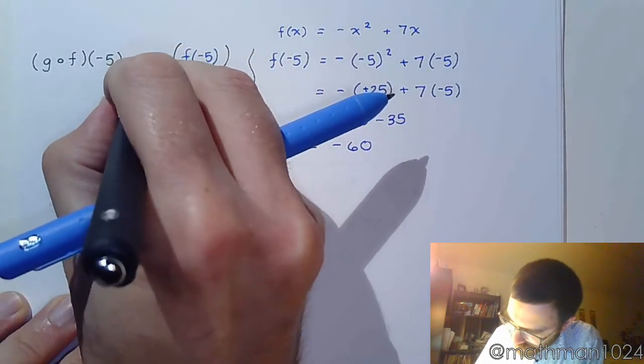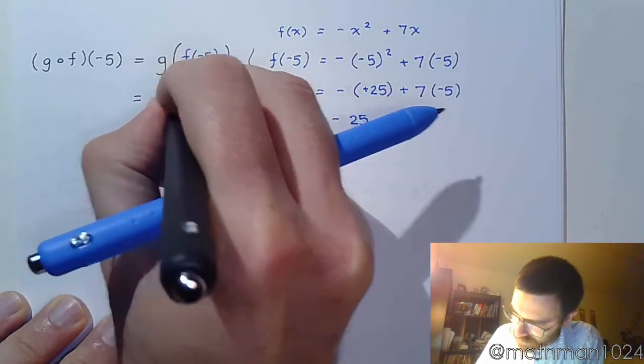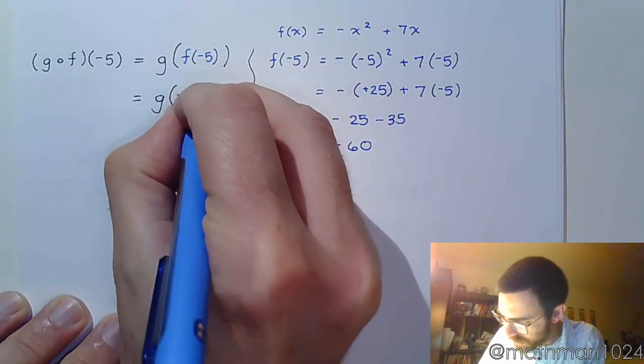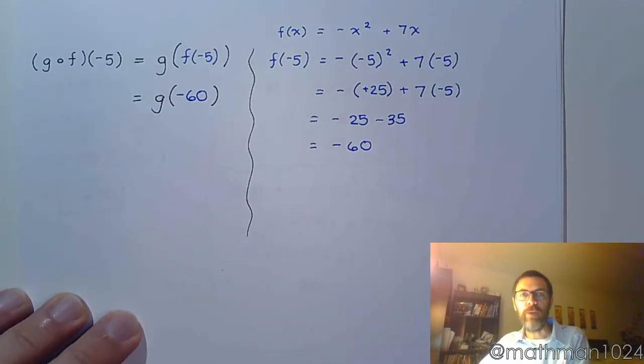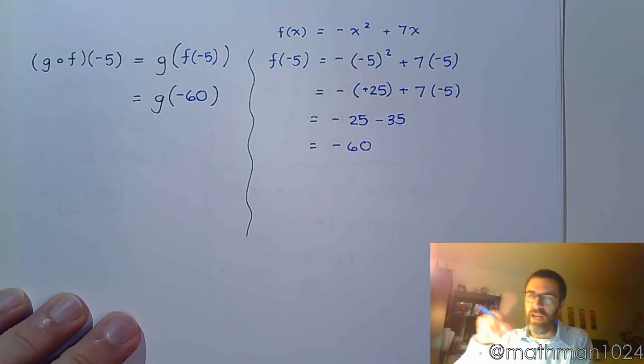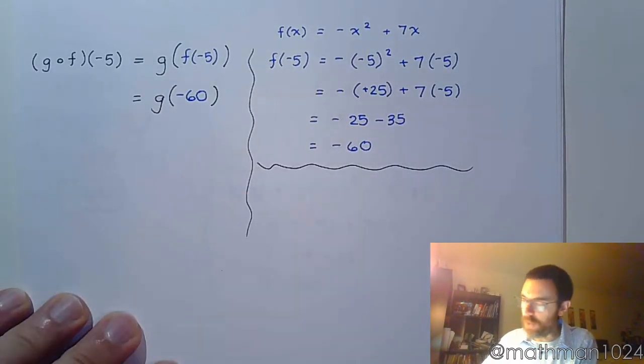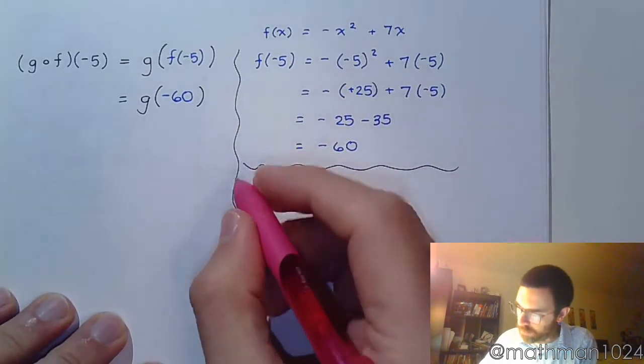So now I have this. I have G of negative 60, like that. So you see that we're not plugging negative 5 into G. We're plugging negative 5 into F, and that result got plugged into G. So now, let's see what happens when I do G of negative 60.